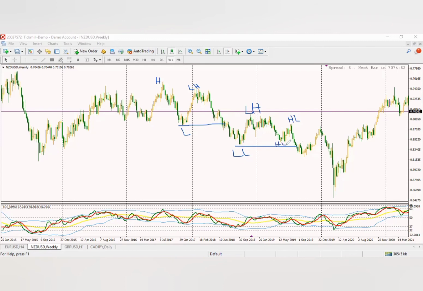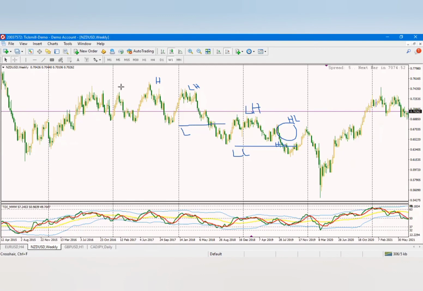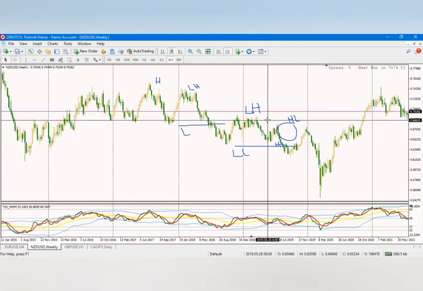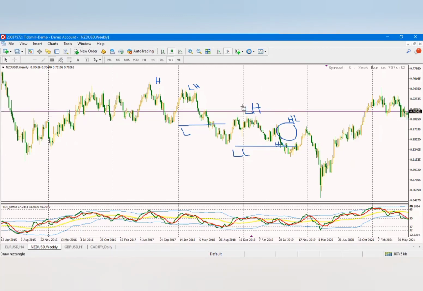So we call this a higher low. Inside this circle now, there's another structure here. So let's go to 4 hours.